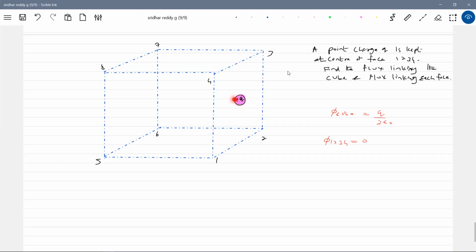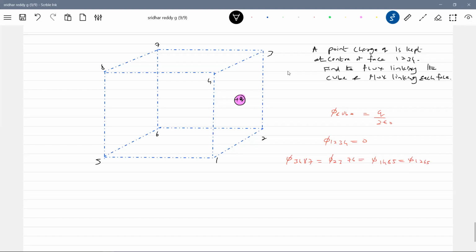Then the point charge is symmetrically placed with respect to faces 3, 4, 8, 7, and 3, 2, 6, 7, so for these four faces it will be the same: the flux linking 3, 4, 8, 7, 2, 3, 7, 6, 1, 4, 8, 5, and 1, 2, 6, 5 should be the same, because the point charge is located symmetrically with respect to these 4 faces.